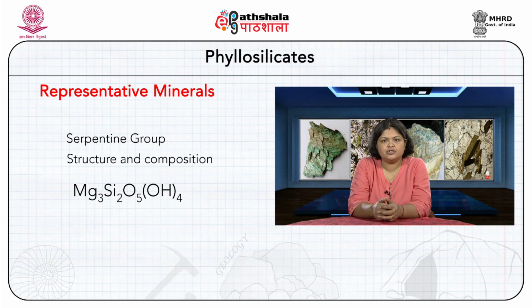The lateral dimensions of the tetrahedral and octahedral layers in an ideal 1:1 layer are different, which results in a misfit, which we have already discussed. The three varieties of serpentine minerals result due to different attempts at coping with this tetrahedral octahedral misfit.